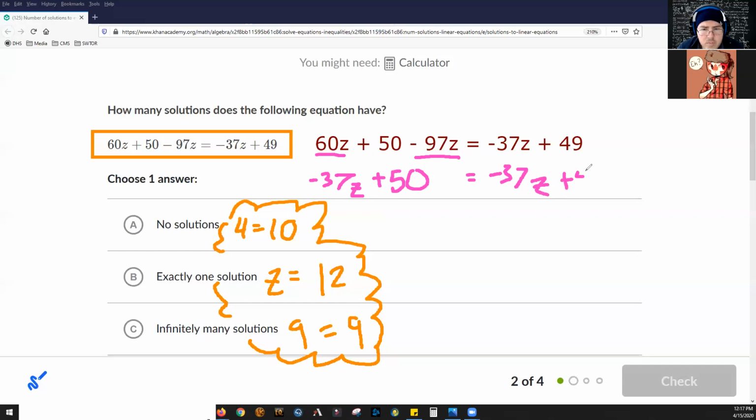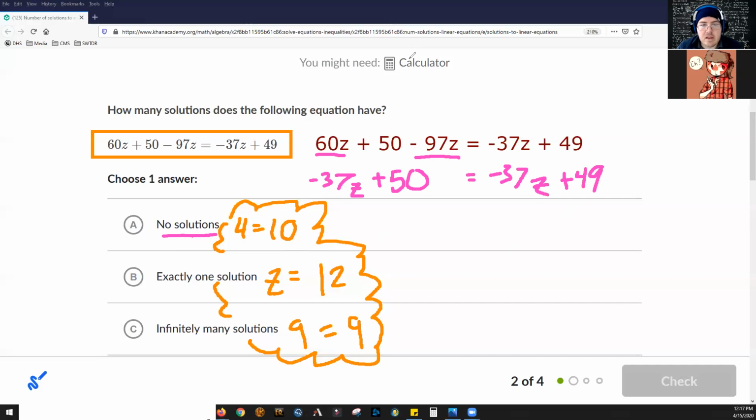Uh-oh. And this is where my intuition is beeping, and I already know what the answer is. Negative 37z plus 50 is equal to negative 37z plus 49. I'm almost positive we just found a no solution, but we can prove that with some inverse operations.